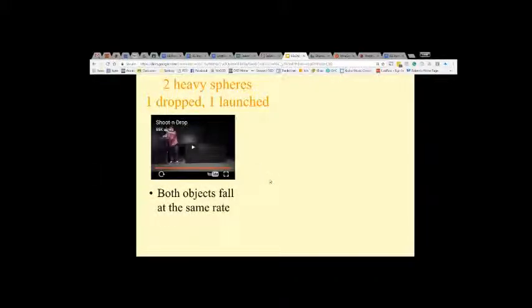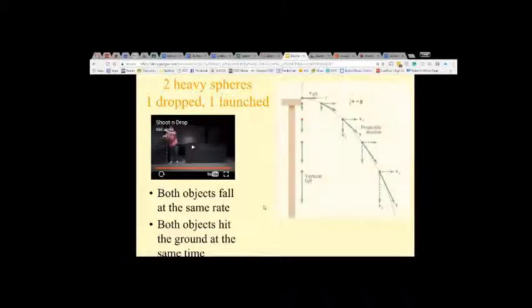Okay, so as we saw, both objects fall at the same rate, regardless of whether it's launched or dropped straight down. Both objects hit the ground at the same time because they're both under the influence of gravity. If we look at a diagram of this, focusing on the ball that's dropped, the distance between successive points is increasing because it's increasing its speed.